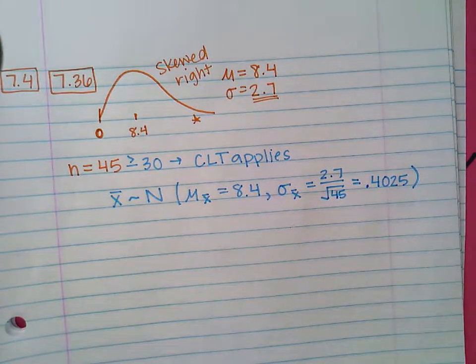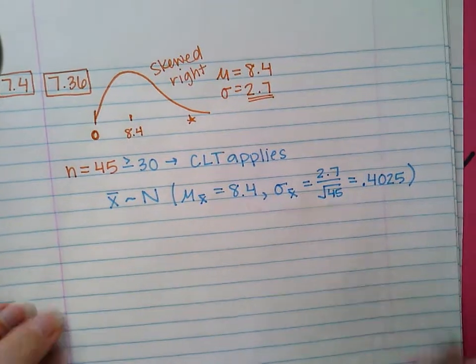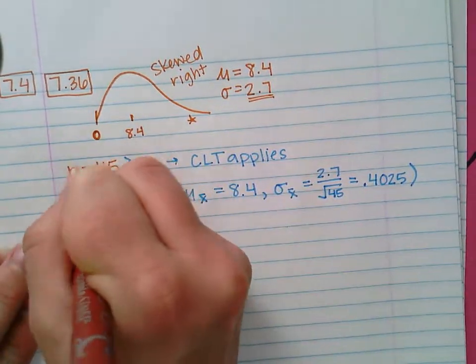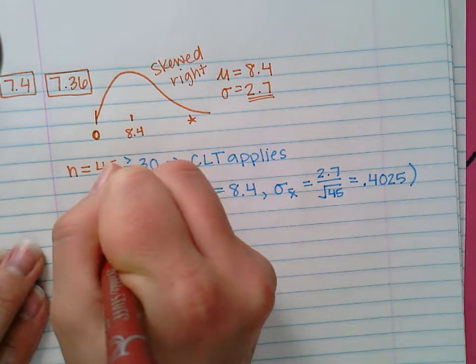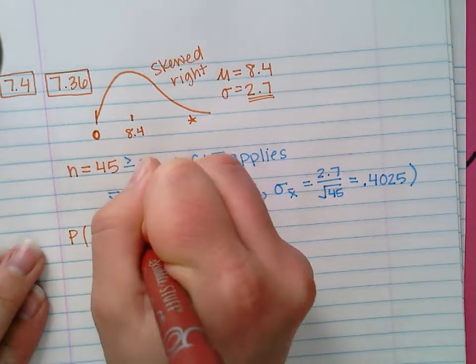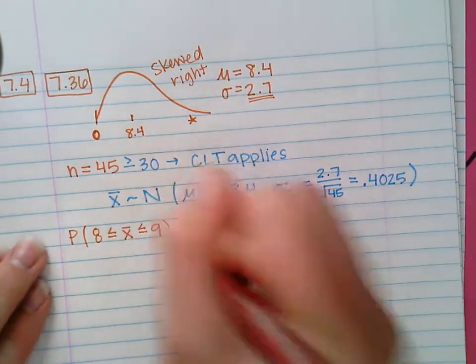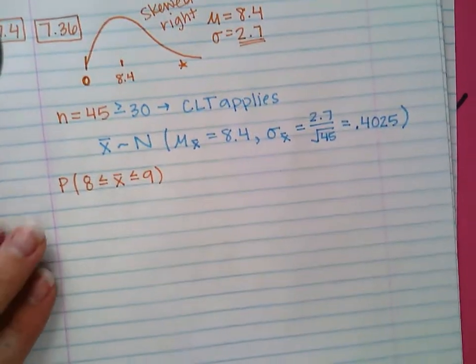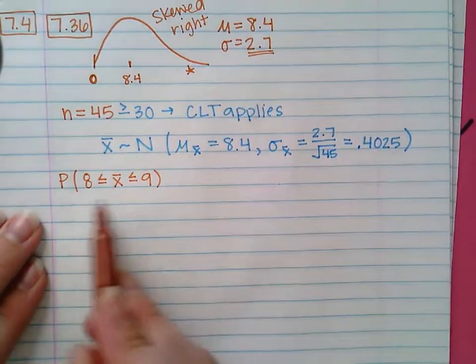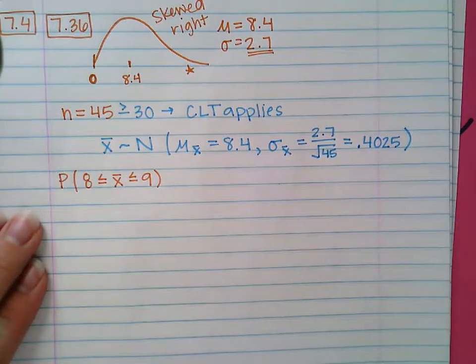I'm going to use this to then answer questions because it wants to know what's the probability that I take the sample of 45 and that the sample mean is these values in this problem. Okay, so for example, in part A, it says what's the probability that the sample mean is between 8 and 9. Okay, so the probability that I take that random sample of 45 and I take the mean of it, and that mean is between 8 and 9.